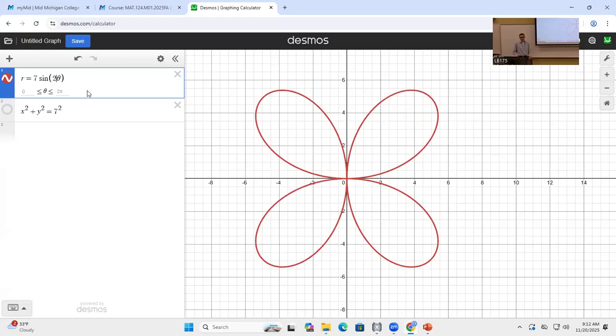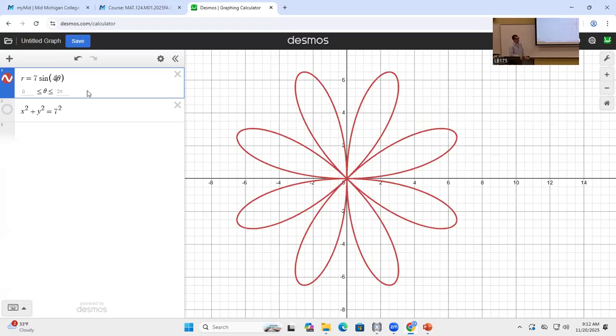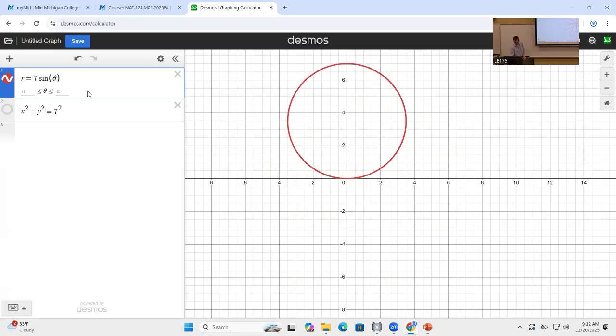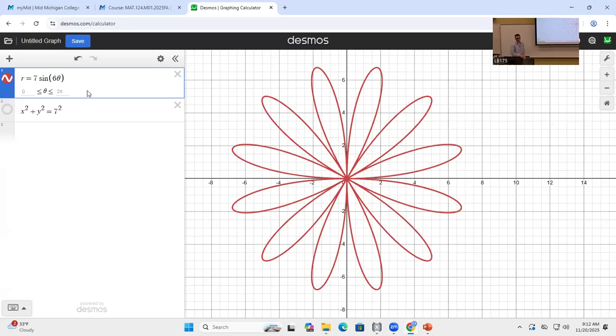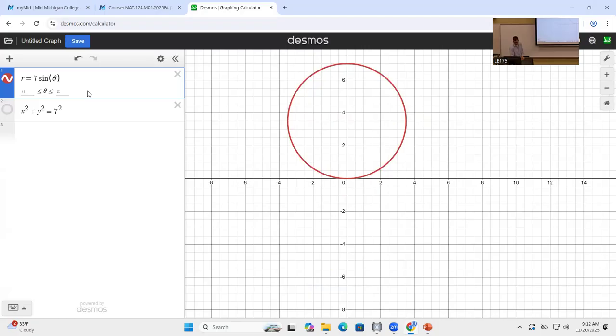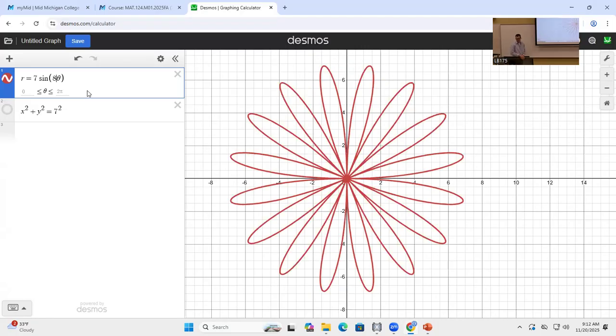So when we have an even number like 2, I end up with 4 petals. If I put a 4, I end up with 8 petals. If I put a 6, I end up with 12 petals. If I put an 8, I end up with 16 petals on my rose curve.